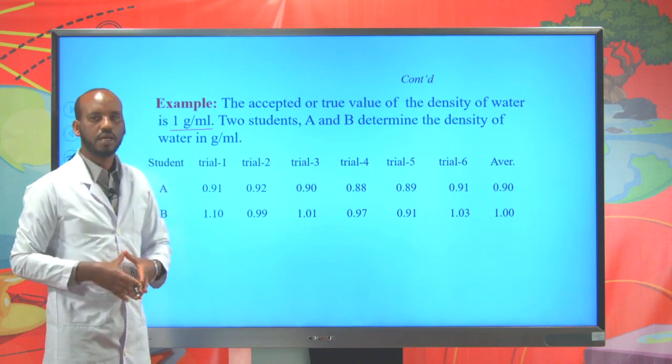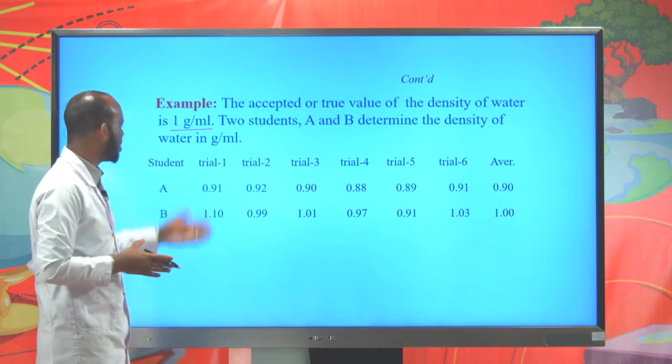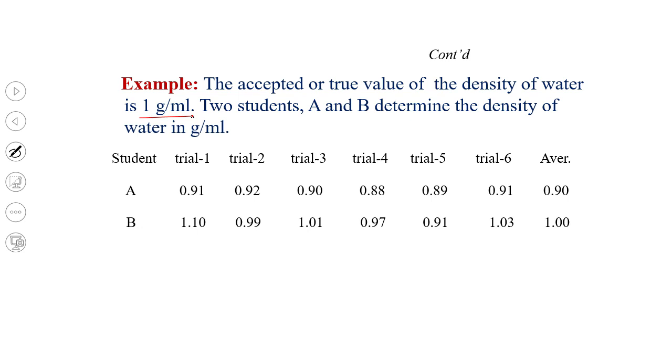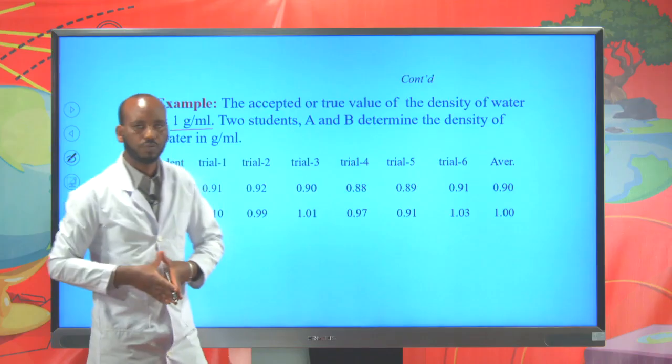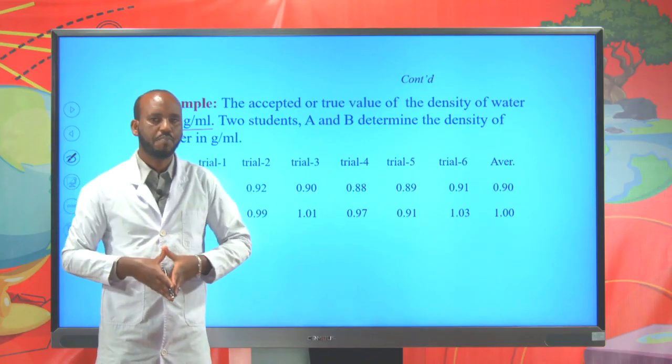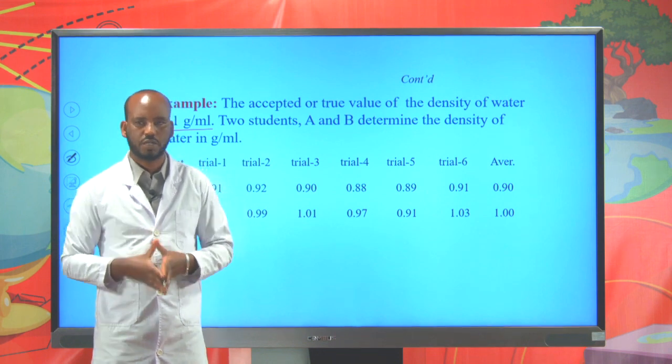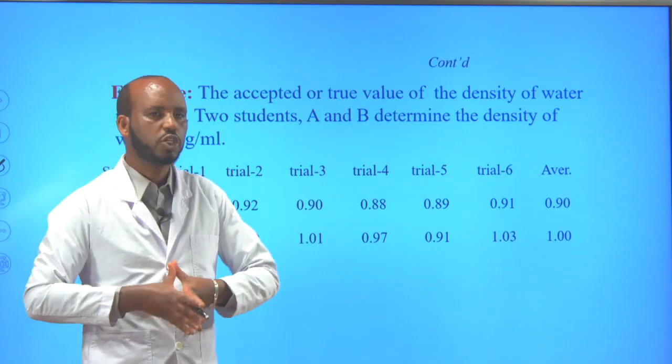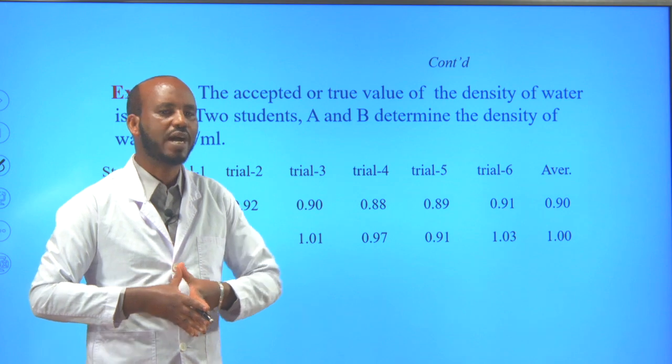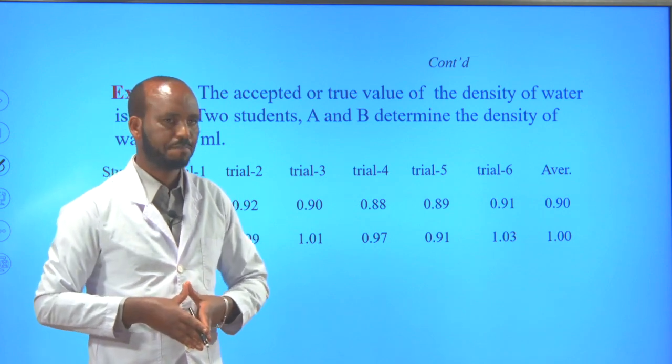Student B in his or her trial 1 got 1.10 gram per milliliter. In the second trial, 0.99. Average value is 1. Now, which student made an accurate measurement? Which student made a precise measurement?